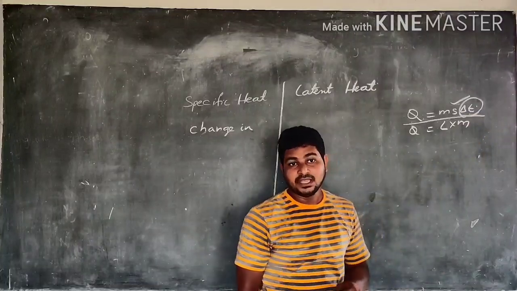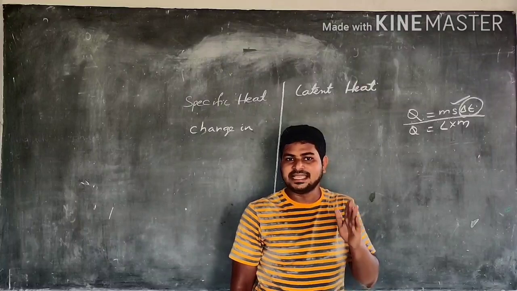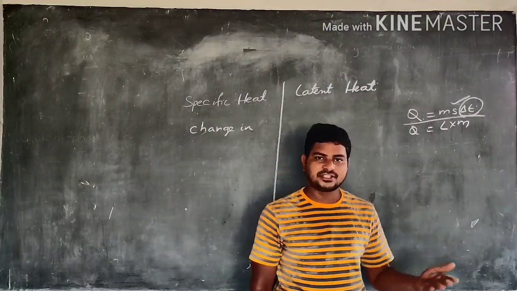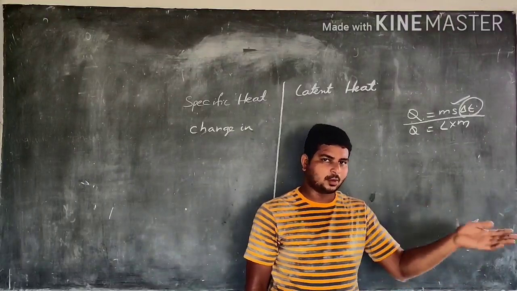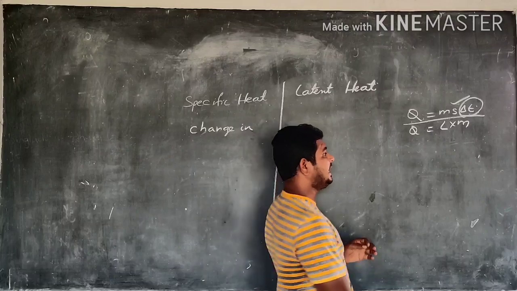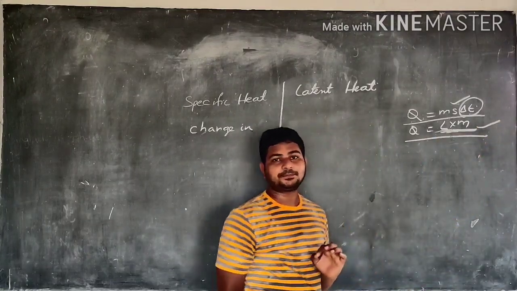If there is no change in temperature and that particular substance is changing its state, either from solid state to liquid state or liquid state to gaseous state or vice versa, then you are going to use the formula that contains latent heat. Latent heat means hidden.